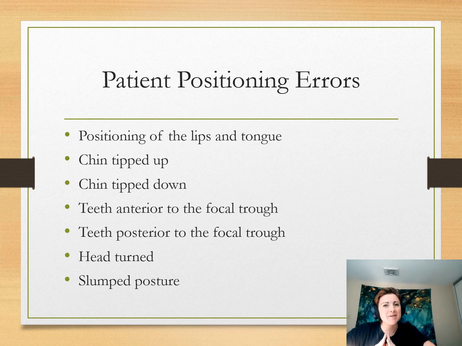Sometimes that's difficult for patients to get. They bite onto it and you say, okay, slide your teeth back until they fall into the notch. And they go forward and you say, no, the other direction. Go back up. They're still going forward. So people are fun to instruct. Make sure that their anterior teeth are falling into that focal trough.